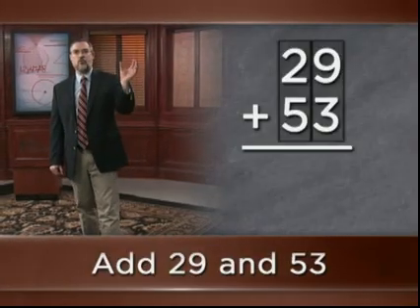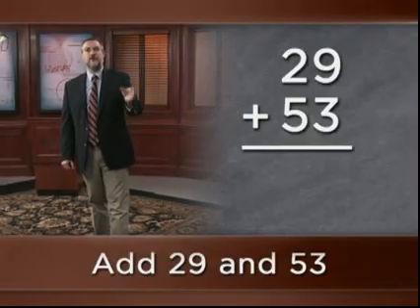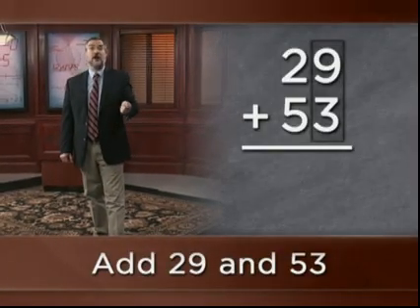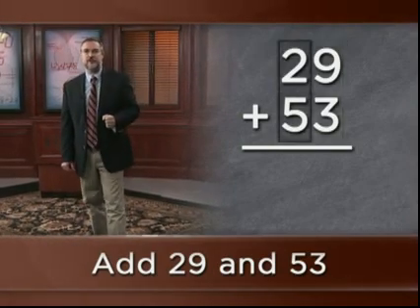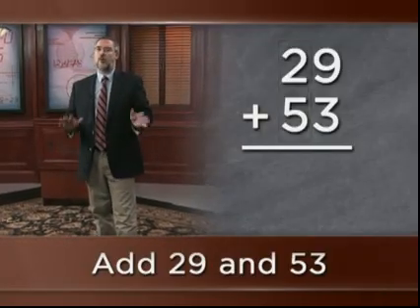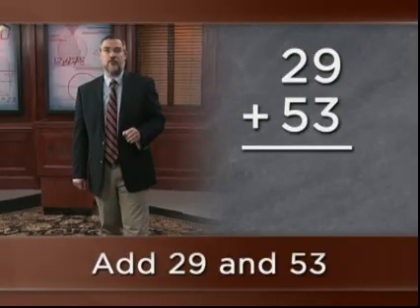So we're going to write the 29 on top, we're going to write the 53 on the bottom, and we're going to make sure that those ones digits, the 9 and the 3, line up. And then, of course, we need to make sure the 2 and the 5, which are in the tens digits, also line up. So once we've lined everything up, it turns out that the problem is pretty straightforward to do.